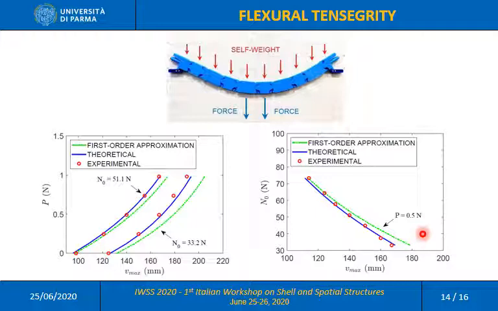Of course, you find out that the higher is N0, the initial pre-stress, the smaller is the sag. In addition, you find that the difference between the first order approximation and the theoretical prediction becomes small as the initial pre-stress is increased.